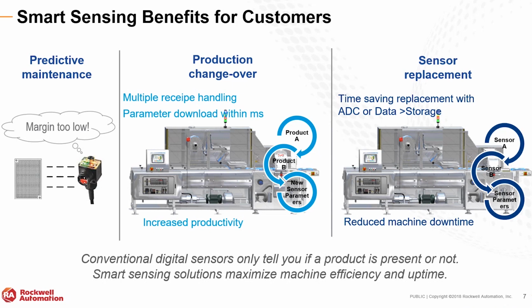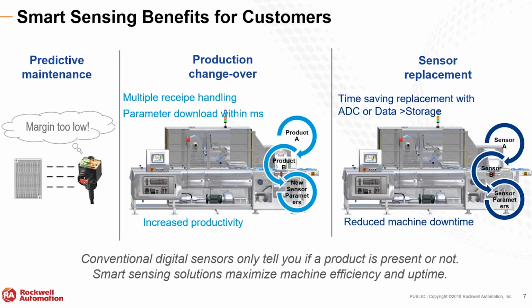They do multiple changeovers per day, sometimes 3 or 4 changeovers, from product A to product B. Now with IO-Link sensors, what you simply do is download a recipe of new parameters into the device, and you are ready to go. There is no going around the machine teaching the sensors and so on. You just download a new recipe of parameters. This also helps dramatically to increase overall equipment effectiveness.